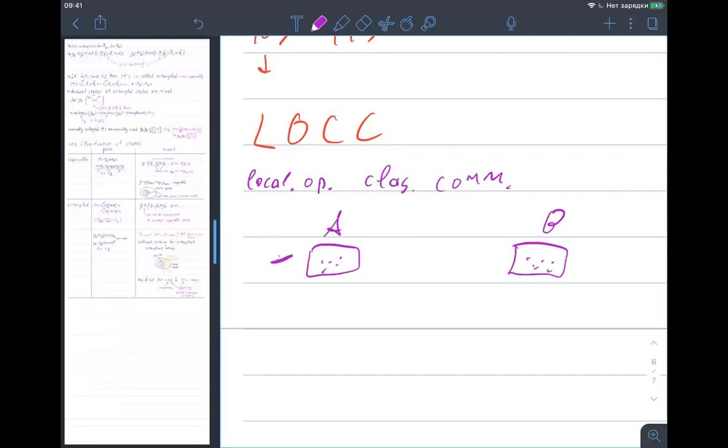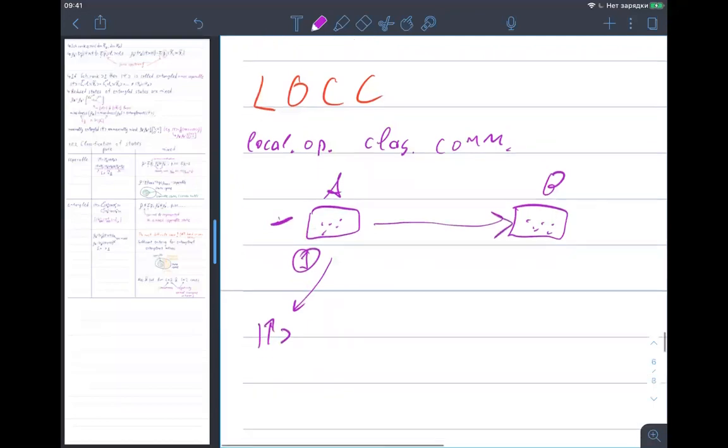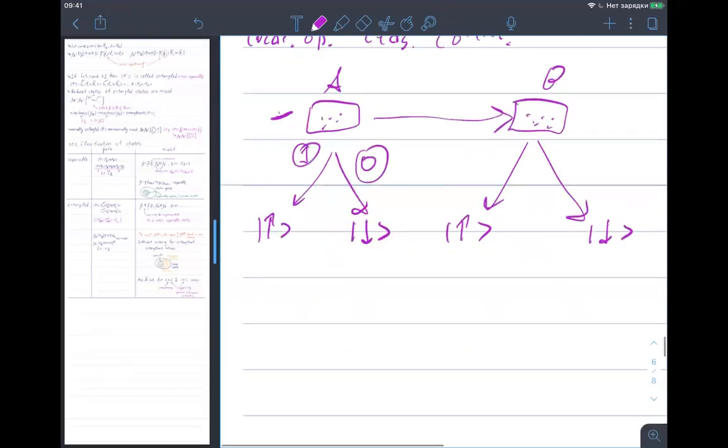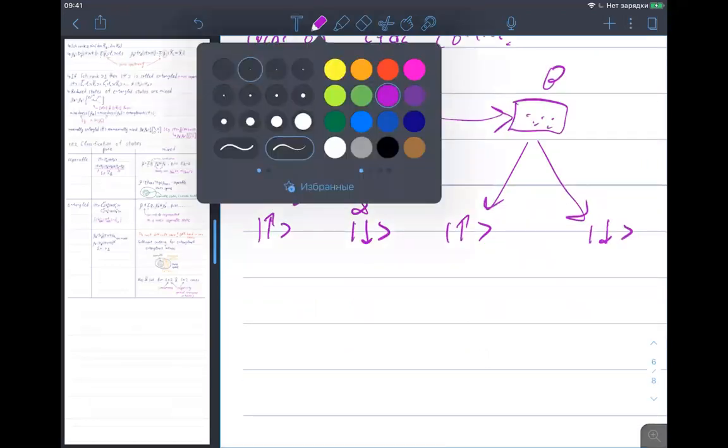If the coin is equal to 1, she prepares a spin in state up, and she phones Bob and says, okay, I have a coin in state 1, so please prepare your spin 1/2 also in state up. Or if the coin is in state 0, she says, let's prepare your state down, and she also prepares hers in state down. Then they repeat it several times.